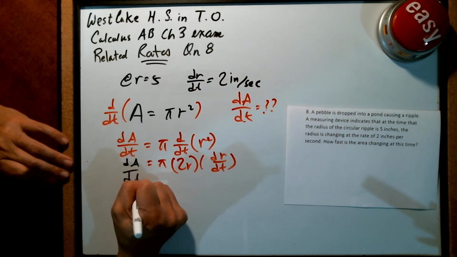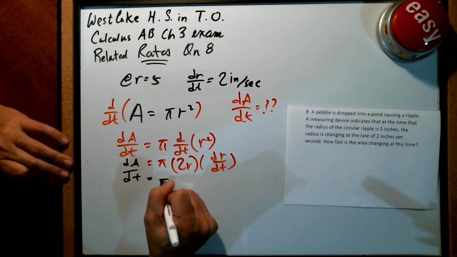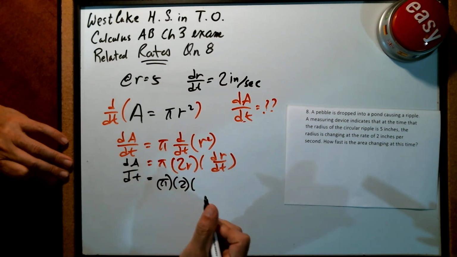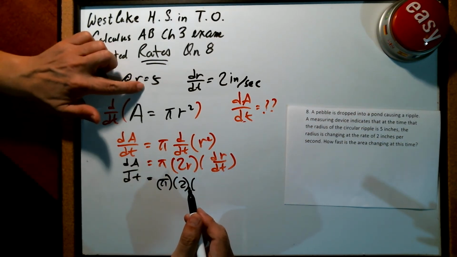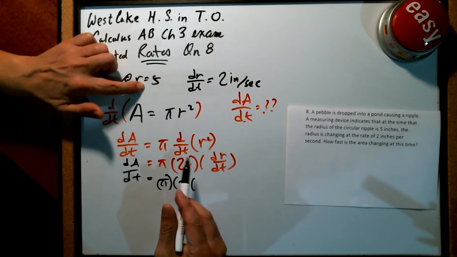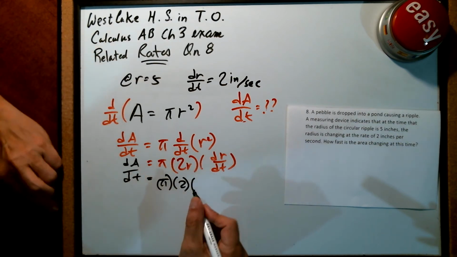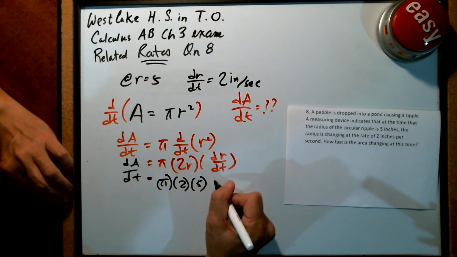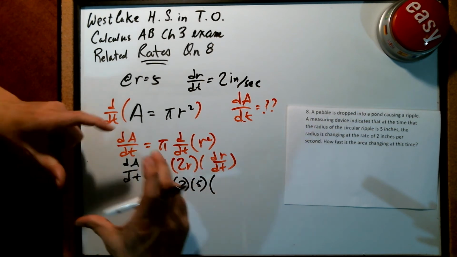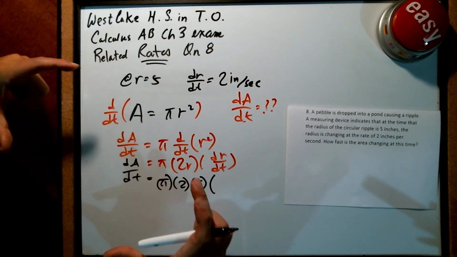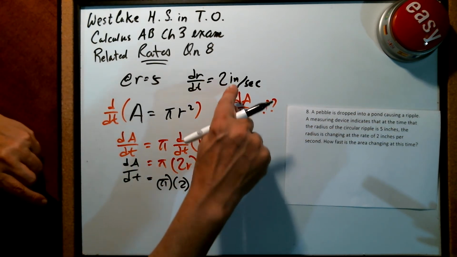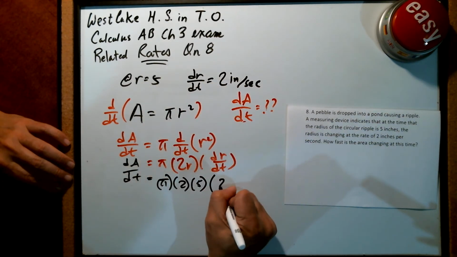dA over dt is equal to pi times 2 times the radius. Now we can put in the radius at this stage. After you take the derivative, you can figure out what r was, which was 5. dr/dt is increasing at 2 inches per second.